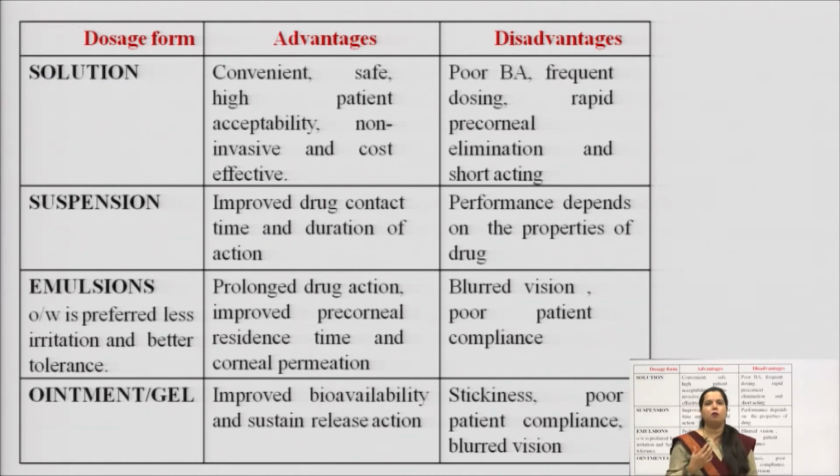Blurred vision and poor patient compliance, as it contains the oily phase as well, that is responsible to make the vision blur. Now, the next is ointment and gel, improved bioavailability and sustained release actions.